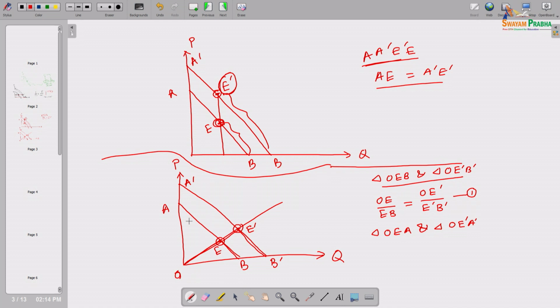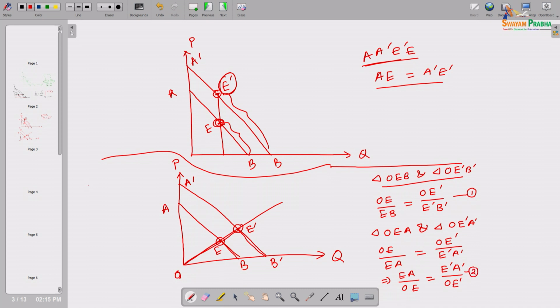Since they are similar, we can write OE by EA is exactly equal to OE' by E'A'. If we take its reciprocal, this is basically EA by OE equal to E'A' by OE'. Suppose that is our equation 2.